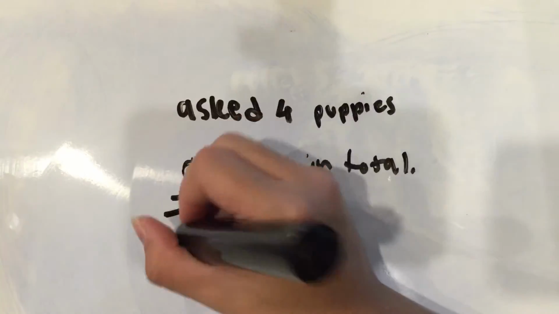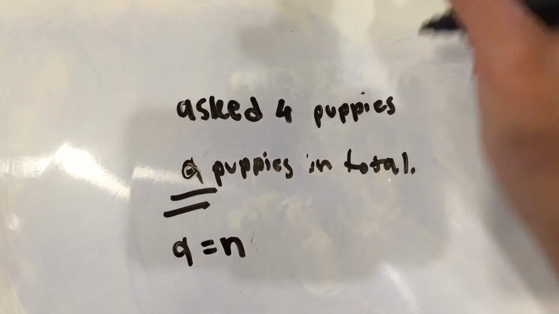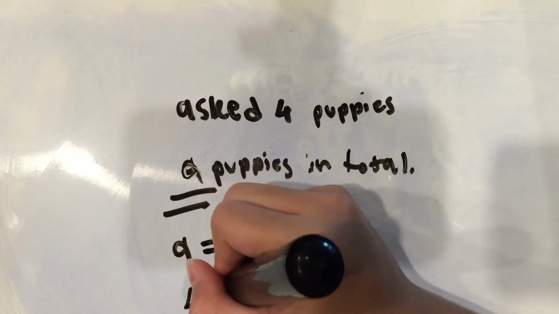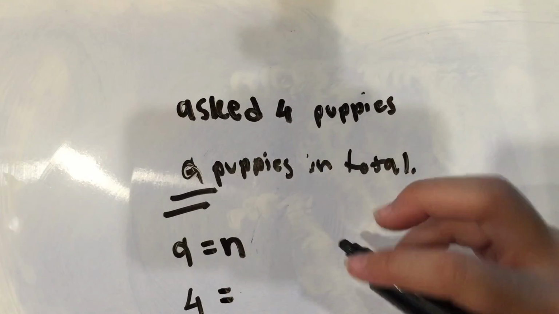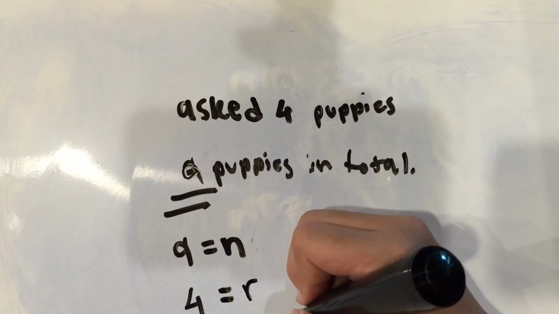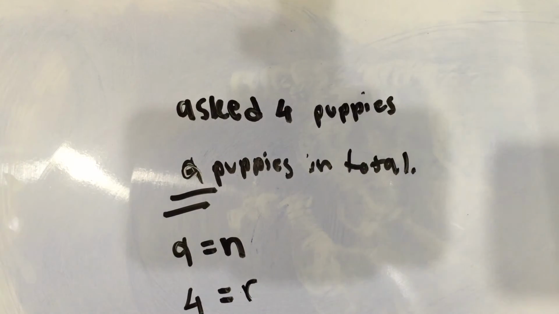So 9 is going to be our N, and 4, the number of items being chosen, is going to be our R.